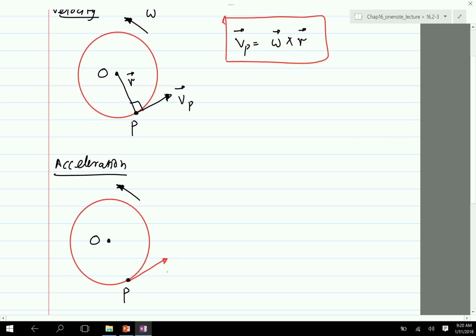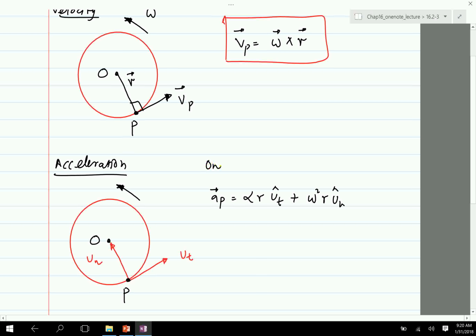The acceleration of the point P is going to be alpha r in the ut direction plus omega square r in the un direction. Okay. This is one way to write it.